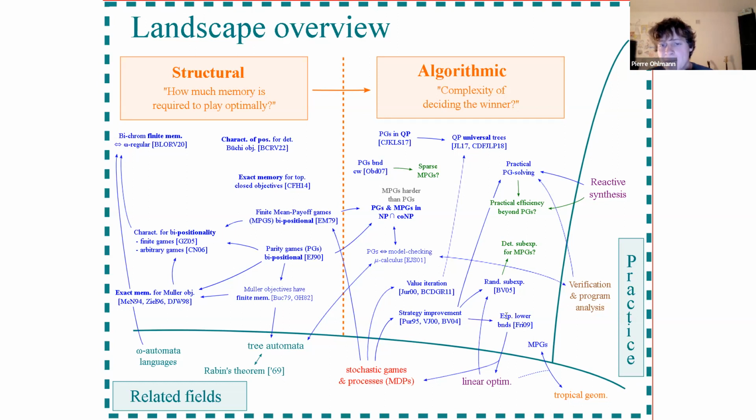So you have this strategy improvement algorithm, which is kind of simplex-like. There's a pivoting between positional strategies. Then there's this parity game that gives an exponential lower bound. And then people realized that you can take this parity game and turn the opponent into a random state. So you take this two-player game and turn it into an MDP, a player against randomness, and still it's going to be a hard example.